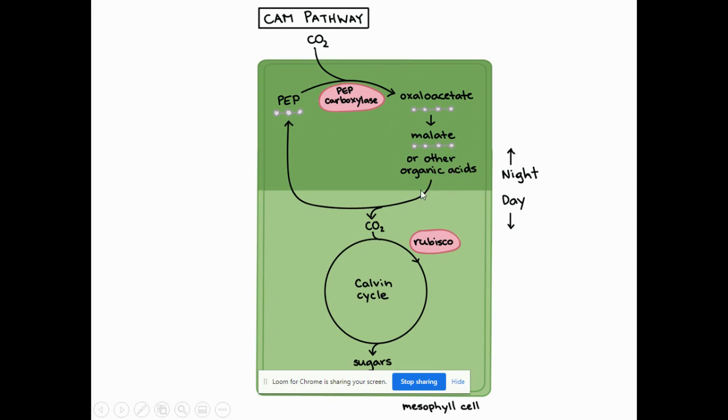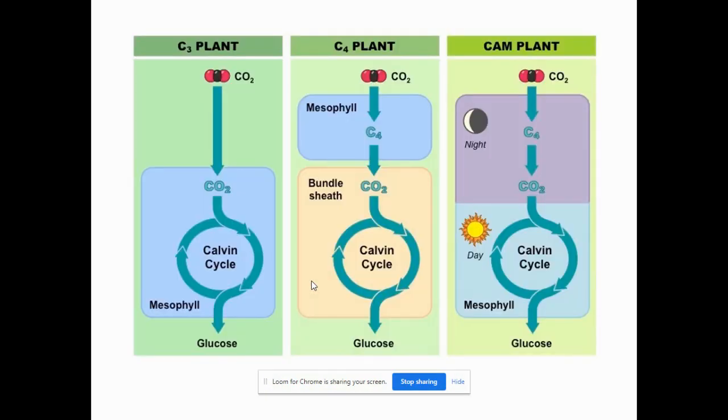At night these organic acids are made and stored by the CAM plants until the daytime, when the light-dependent reactions can occur to make ATP and NADPH to fuel the Calvin cycle. This shows you the comparison between C3 plants, which are the most common, C4 plants, and CAM plants, which have adapted to this problem of photorespiration.